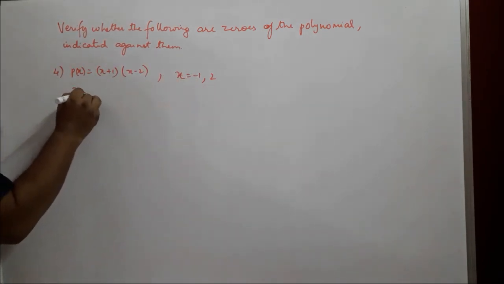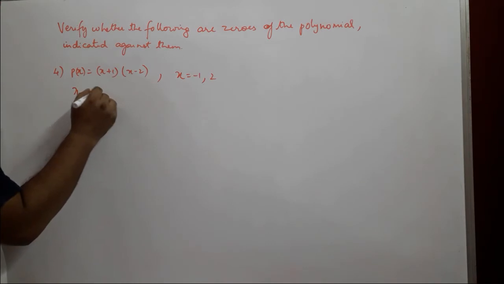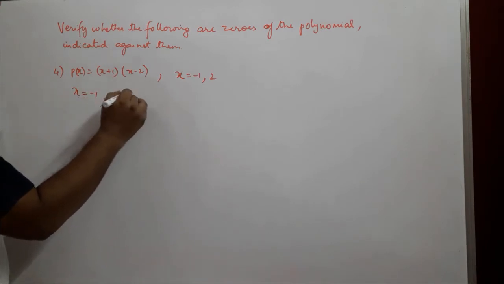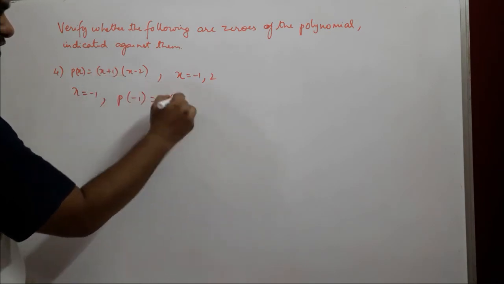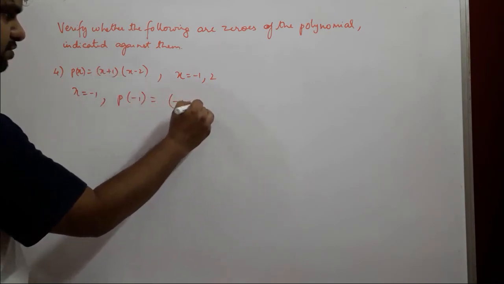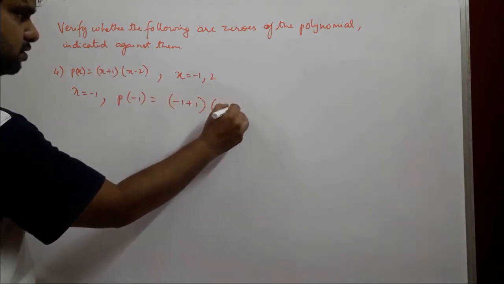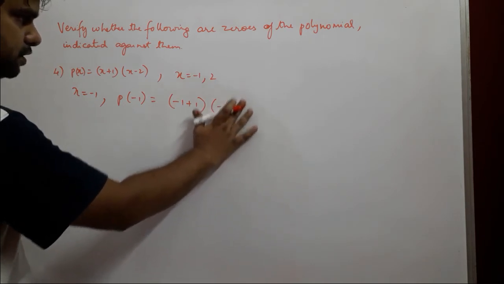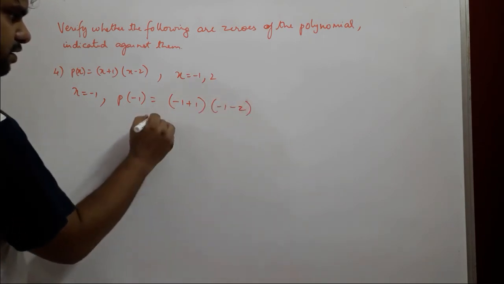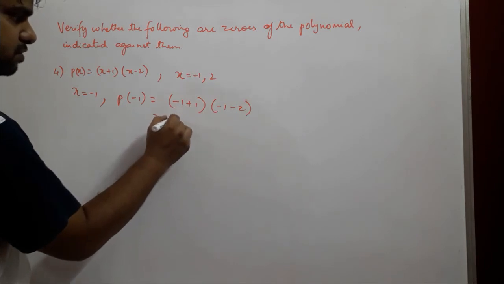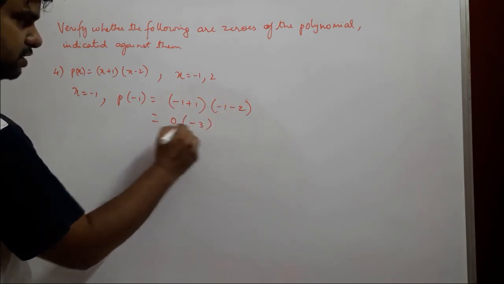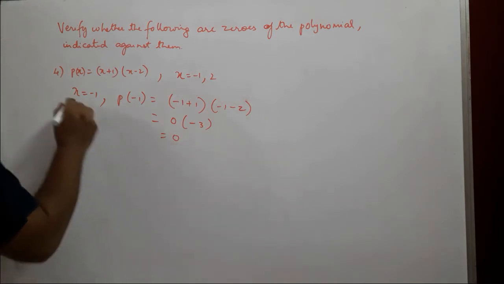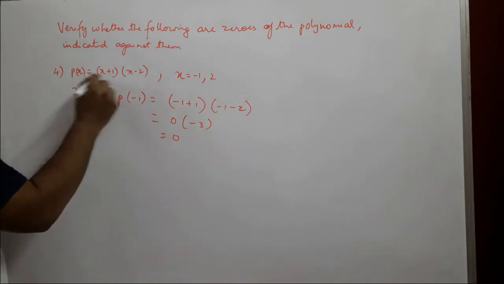So x equal to minus 1, p of minus 1 equal to, so in place of x I'll substitute minus 1 plus 1 into minus 1 minus 2. Sorry. Minus 1 plus 1 becomes 0 into minus 1 minus 2 becomes minus 3. 0 into anything is 0. So that means x equal to minus 1 is a 0 of this polynomial.